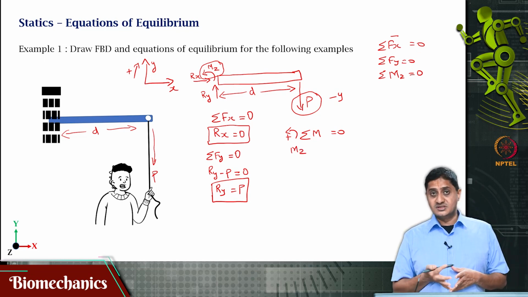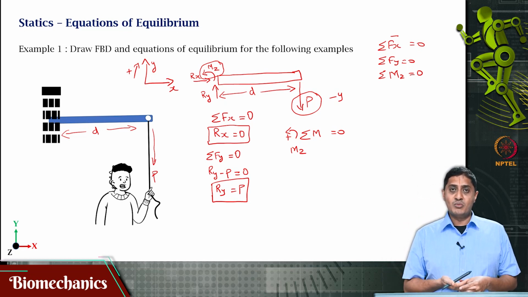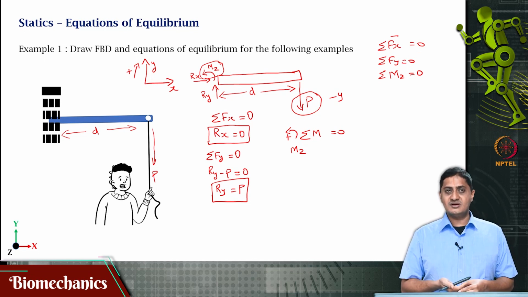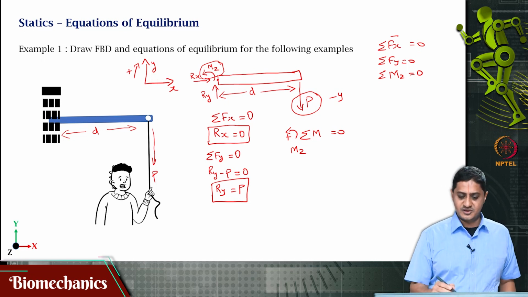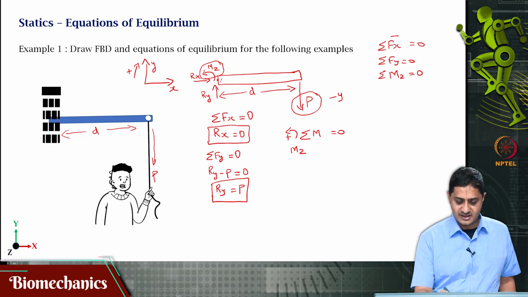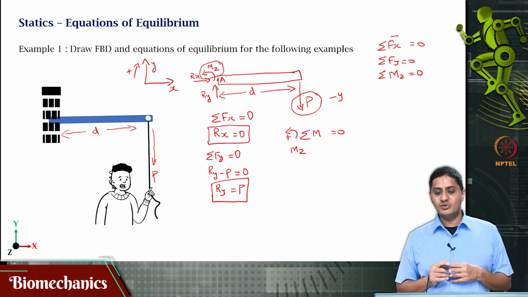There are 3 forces, and each of these 3 forces may cause a moment depending on the point about which you are taking the moment. Okay. They may cause a moment, but conveniently I am going to take the moment about this point. Let us call this point as some point A. I am taking moment about that point.